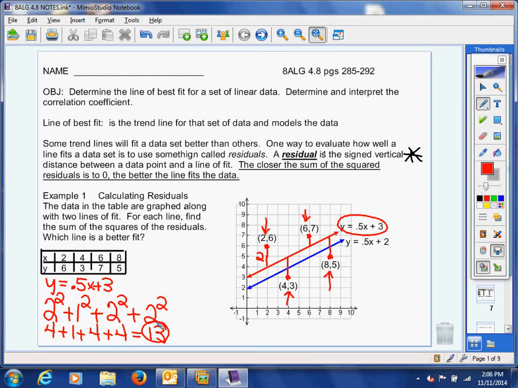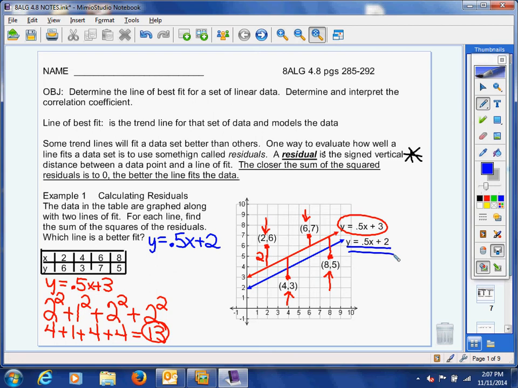Now I'm going to switch colors to blue, and we're going to track y equals 1/2 x plus 2. This time we focus on how far each point is from the blue line, so ignore the red line. Let's start with (2, 6).